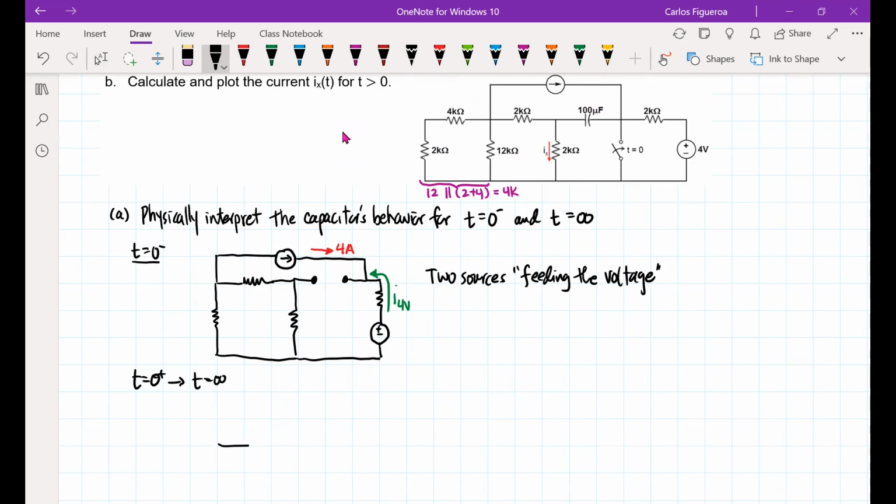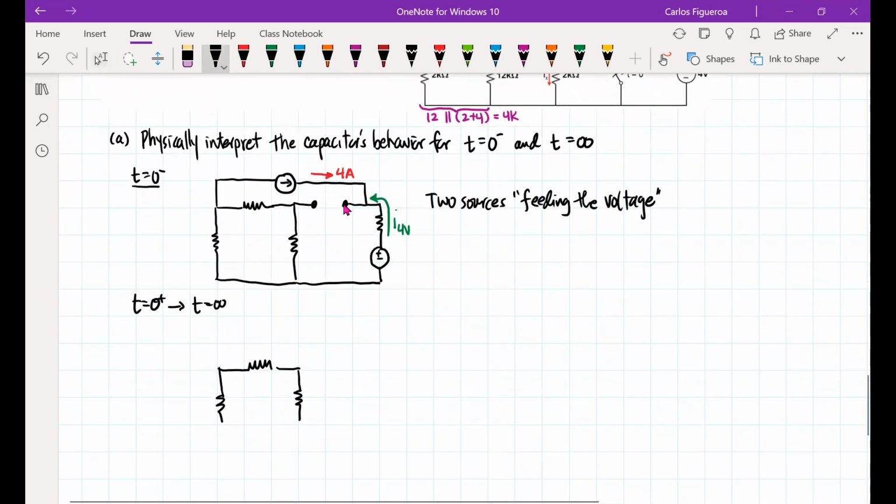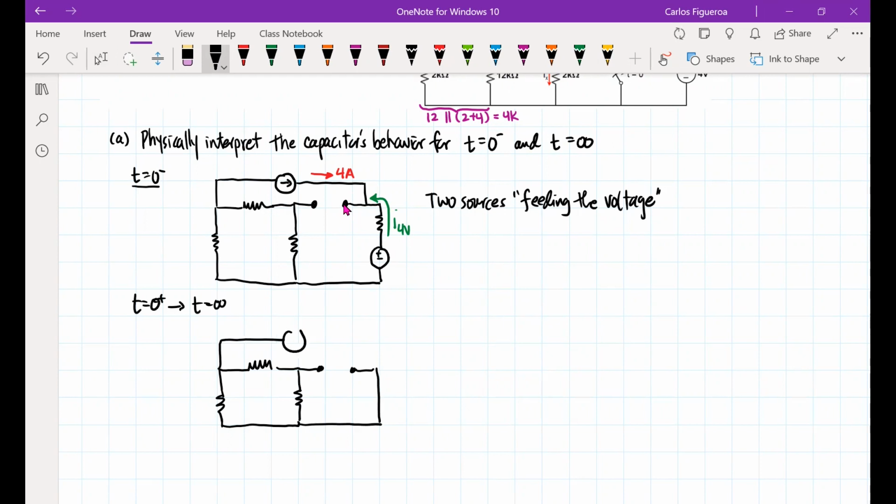I'm going to have this resistor, this resistor, and here's my open again. But now there's no source for the voltage source, and the only thing that's feeding this capacitor now is this 4 amps.